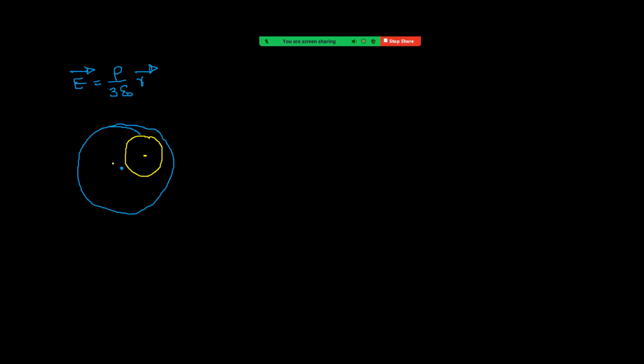Now, if you observe, this cavity can be taken as follows. Assume that there are two spheres, one bigger and one smaller. The bigger one has charge density plus rho and the smaller one has density minus rho.